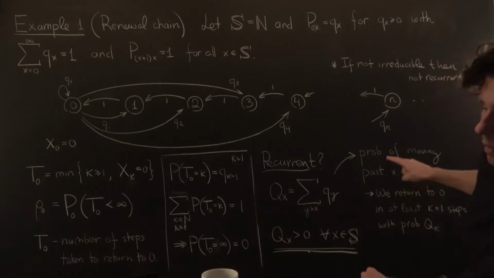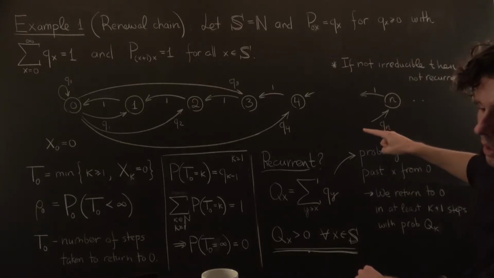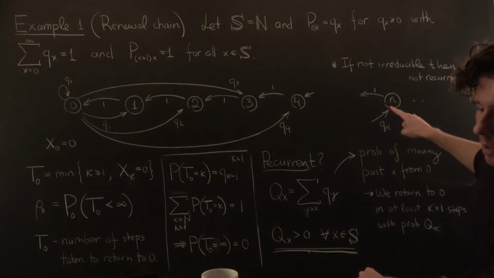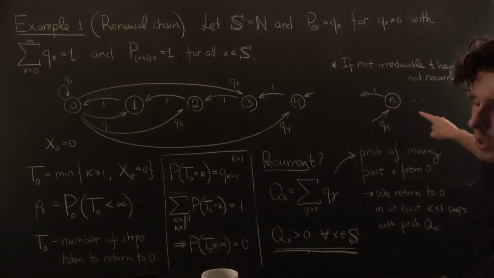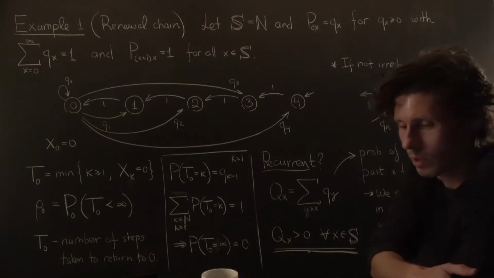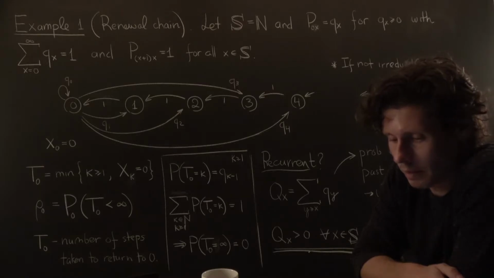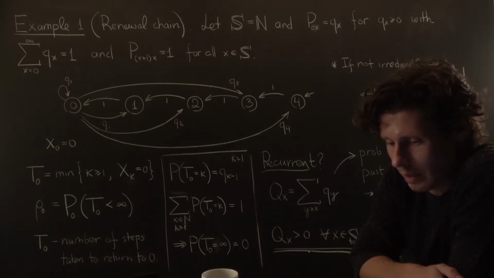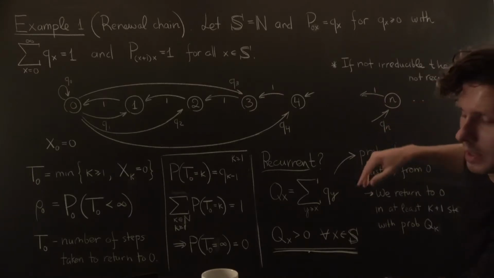So I'm thinking of a state n, and its capital Qn is 0, meaning you can't transition to any state past n from 0. You can't transition to n plus 1, n plus 2, and so on, from 0. And this supposedly breaks recurrency as well. Let's see how this happens.